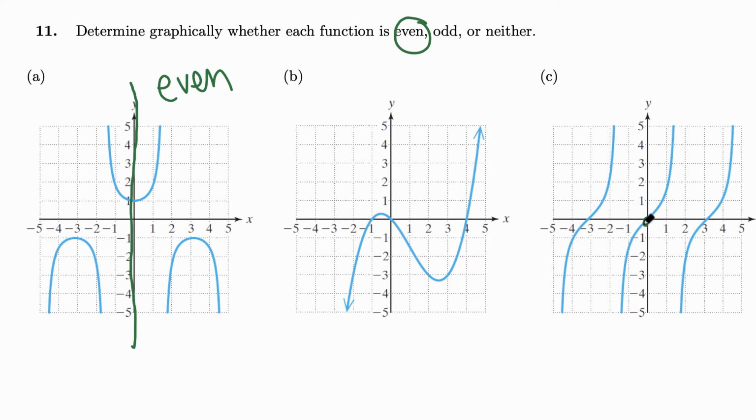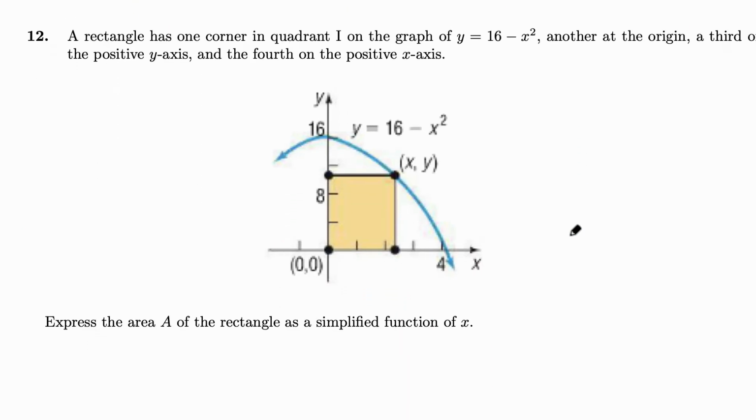Look at it, origin, right side going up, down, little bit further, up, down, little bit to the left, up, down. So this graph has origin symmetry, means odd. And this graph does not have y-axis symmetry and no origin symmetry, so neither even nor odd.